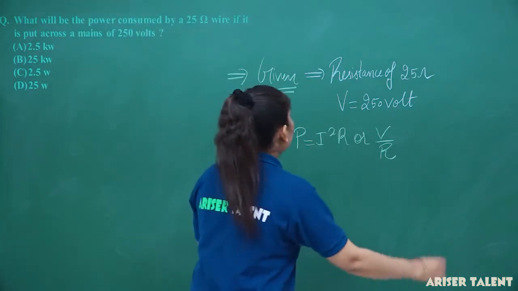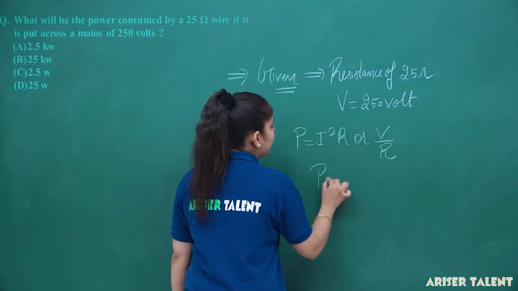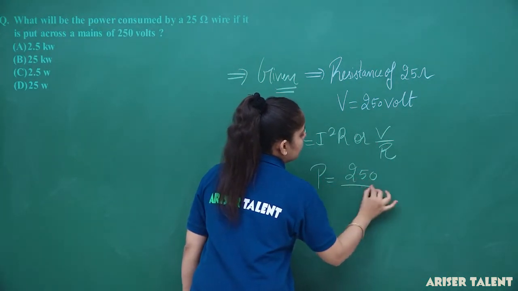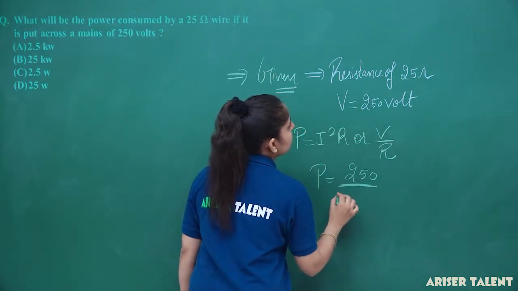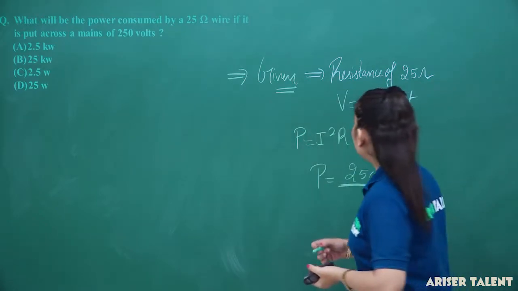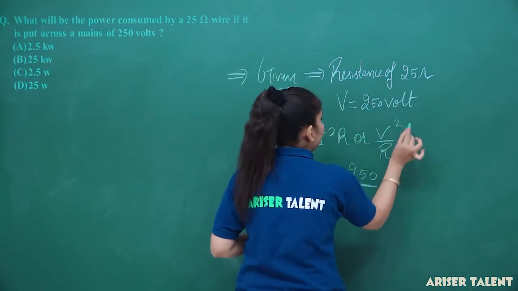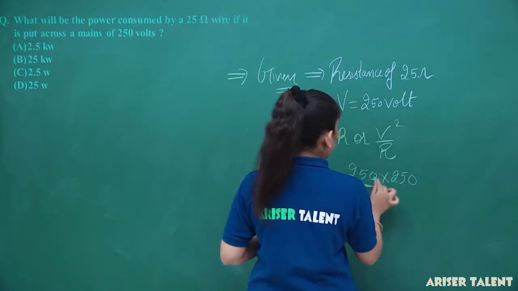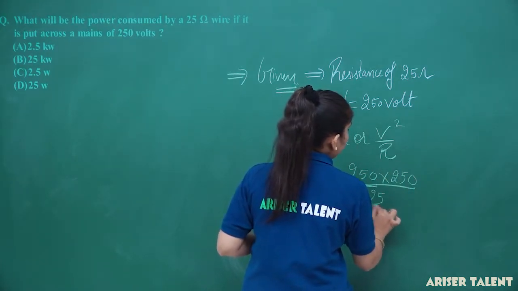Now, if I have to calculate the power here, power will be I square R or V square by R. So, V square will be 250 into 250 and the resistance will be 25 ohm.